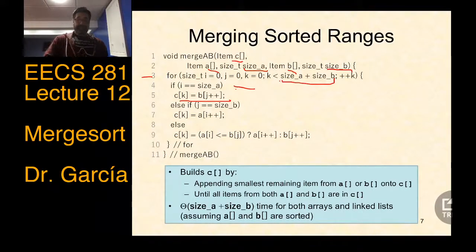Else if, in a sense we're in one case or the other, this case would be that we were done inserting all the elements in B sooner than inserting all the elements in A, and therefore we insert the rest of the elements from A into C. If you're already done inserting everything in B, all you need to do is keep inserting.